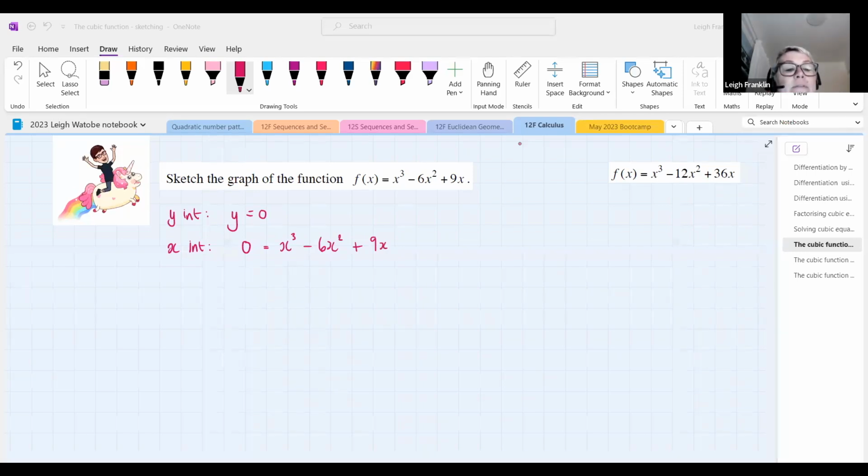So if d is equal to 0 and we only have terms that have x's in it, we can do what we did in that first example this evening and simply just take x out as a highest common factor. That would leave us with x squared minus 6x plus 9. All right, so this is nice and easy to factorize. So this would be x minus 3 times x minus 3.